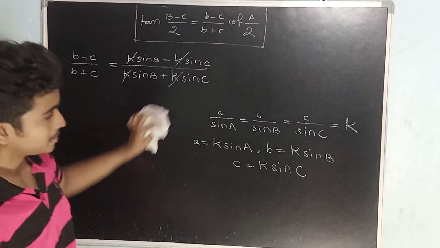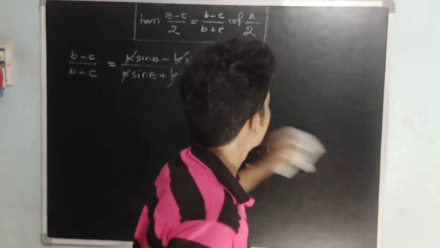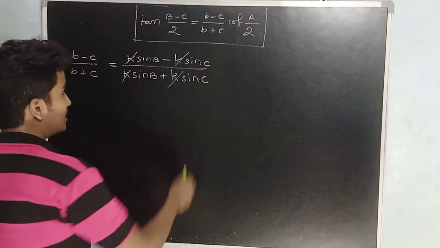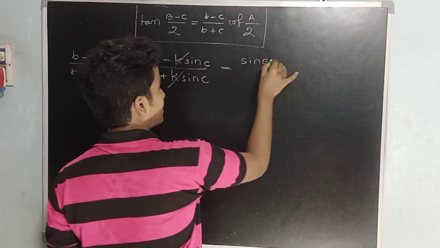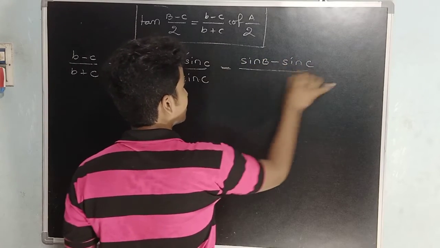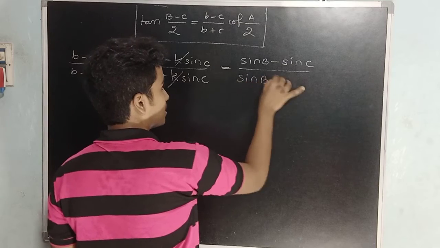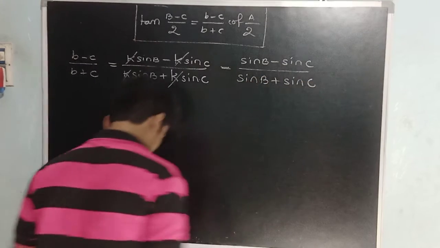Now I am going to erase this part. So finally, b minus c by b plus c is nothing but sin B minus sin C by sin B plus sin C.